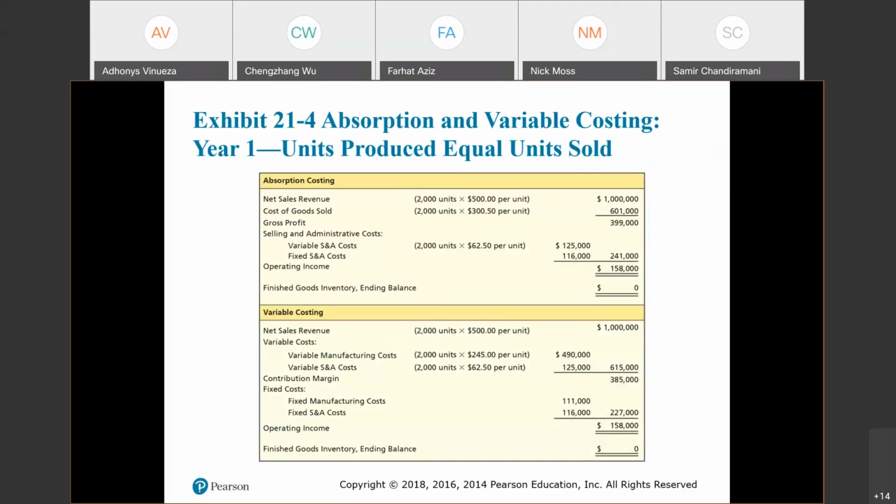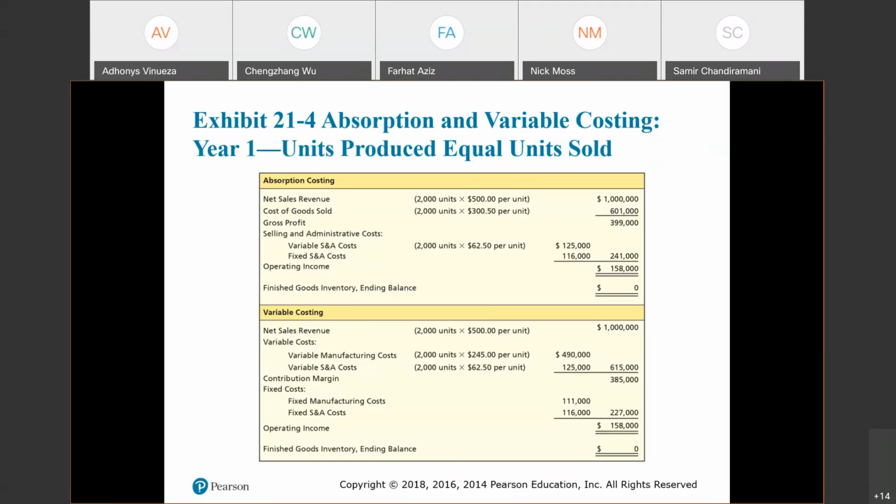In absorption costing, we use net sales revenue, which is $1 million, minus COGS, where the cost of goods sold equals 2,000 times $300 and half per unit. We get the gross profit.